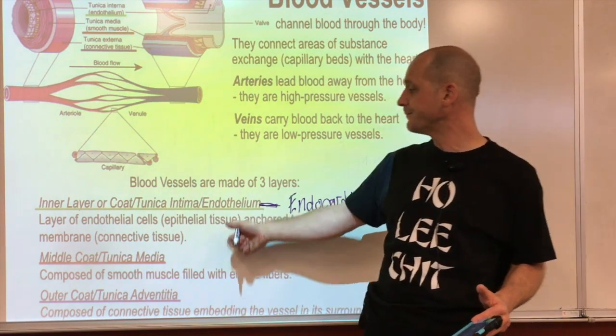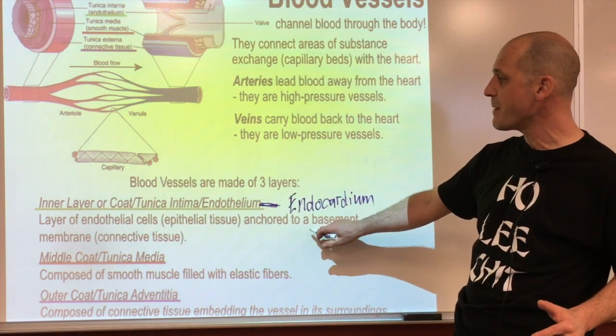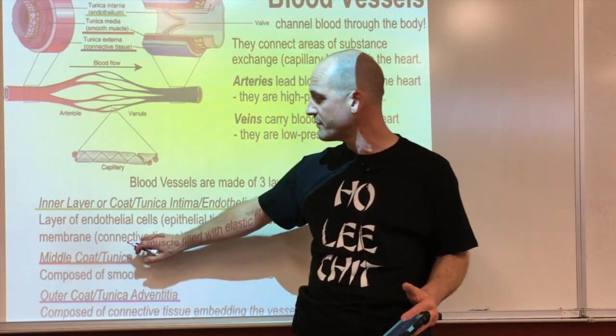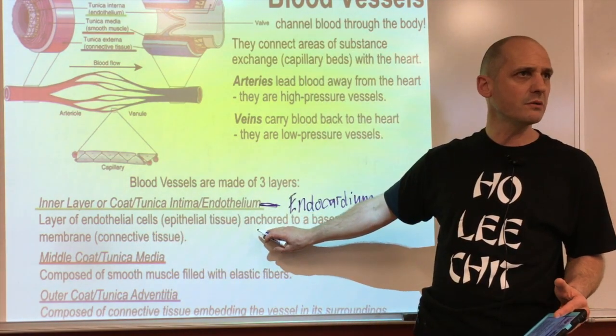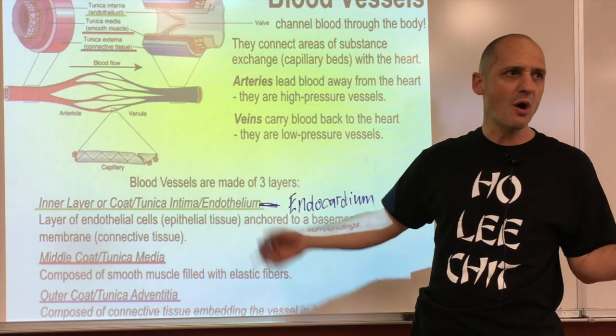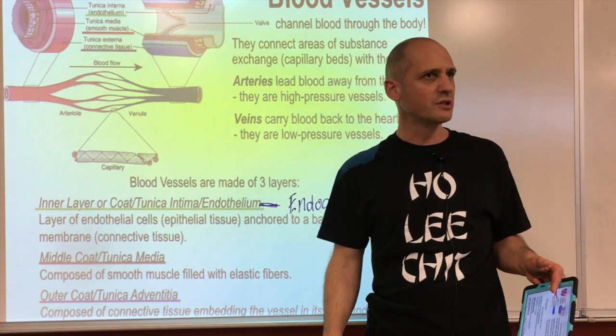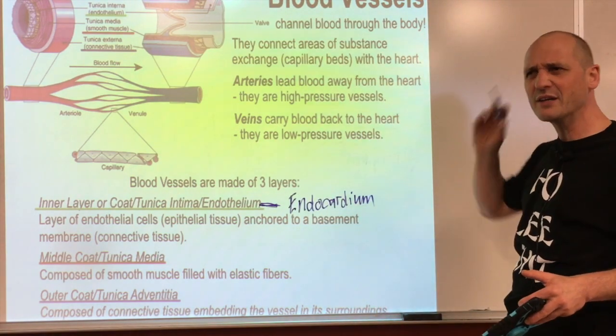That's the endothelial cell, so it's epithelial tissue that's anchored in the basement membrane in the connective tissue. That's an area where we can have plaque buildup in a vessel, that we get atherosclerosis, which is one of those problems of the cardiovascular system, where you get the plaques, the cholesterol problem that they talk about.